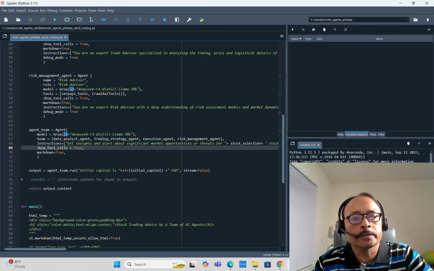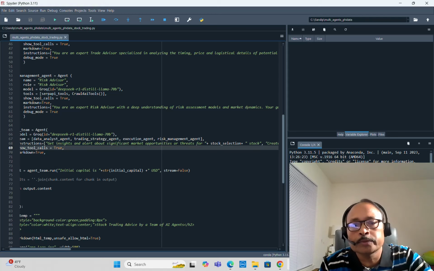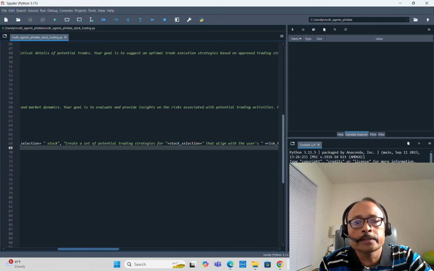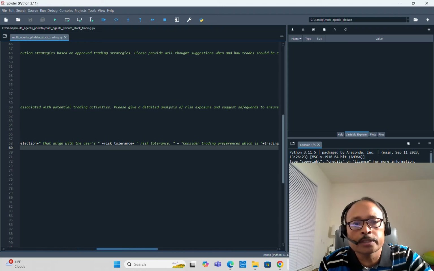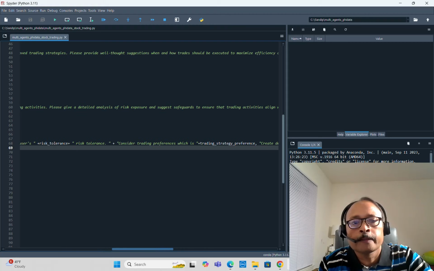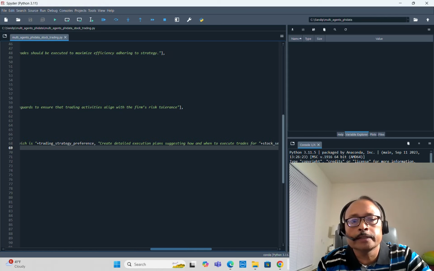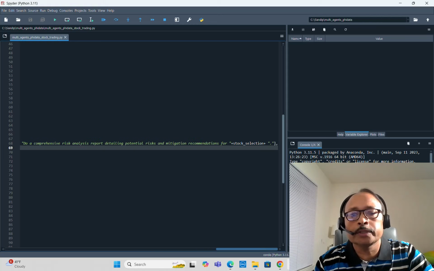We are creating a team of agents here, and then we are giving final instructions: get insights and alert about significant market opportunities or threats for the stock selected by the user, that is NVDA in our case, and then create a set of potential trading strategies for this particular stock that align with the user's risk tolerance, that is medium in our case, and then consider the trading preference, which is daily trading, and then create the detailed execution plan suggesting how and when to execute for the stock selection, and do a comprehensive risk analysis.